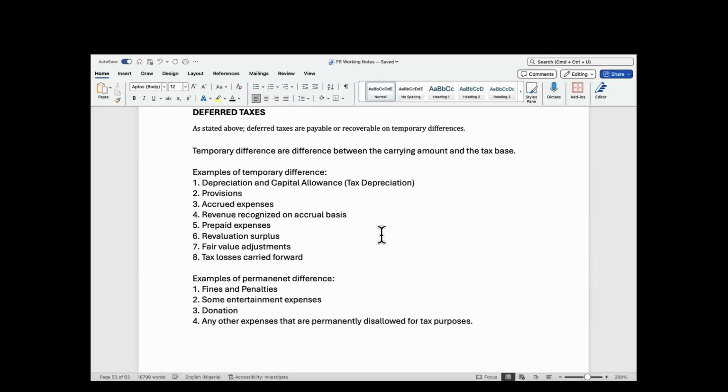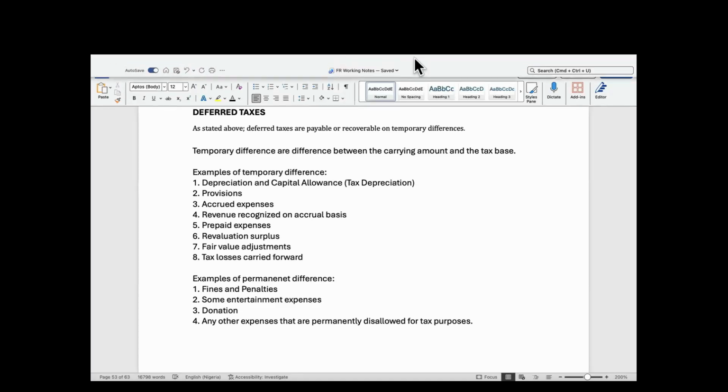Now we have tried to establish the whole idea behind deferred tax, and we know now that it's majorly all about trying to ensure that we capture the tax impact of the transactions that happen for the year, even if the taxman does not capture it in his current tax. We still capture it for accounting purposes.